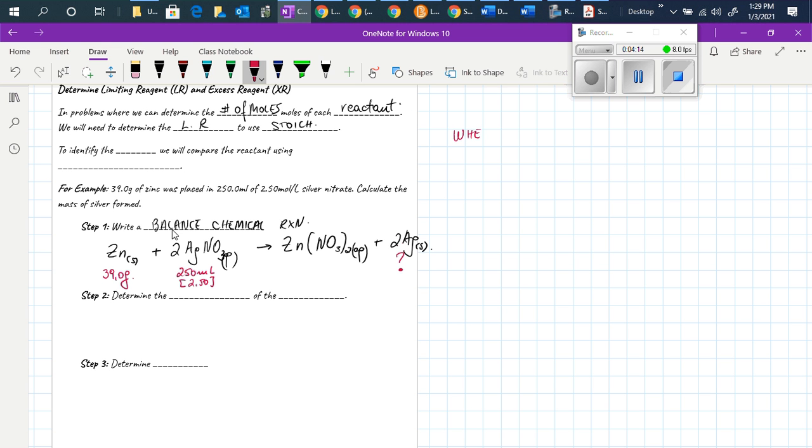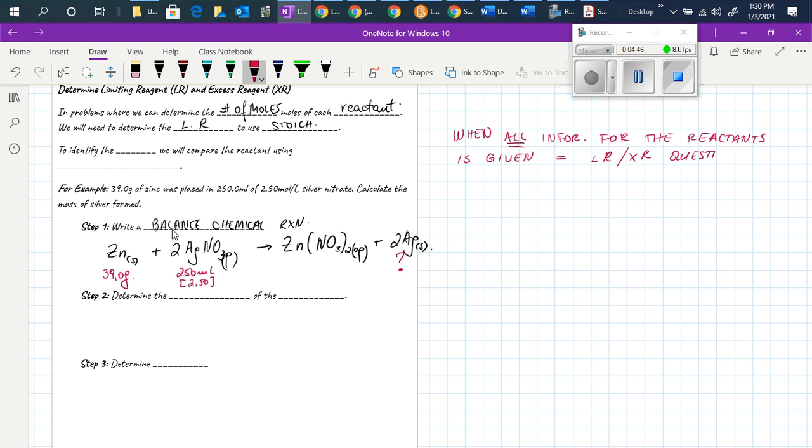When all the information needed for both reactants is given, then you are dealing with a limiting reactant and excess reactant question.